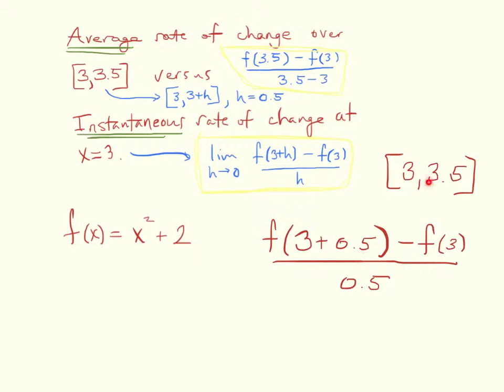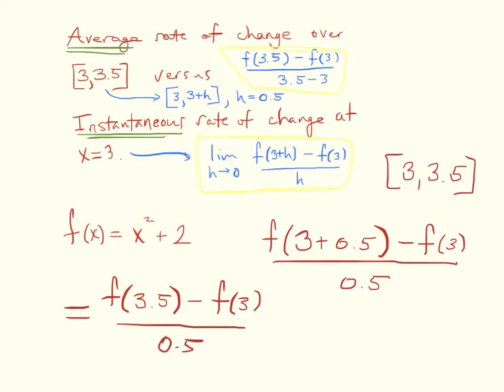I've just written 3.5 as 3 plus 0.5 to emphasize that it does follow the same pattern as 3 plus h. But in actuality, that's not the way we're going to use it. We're just going to do f of 3.5 minus f of 3 over 0.5.